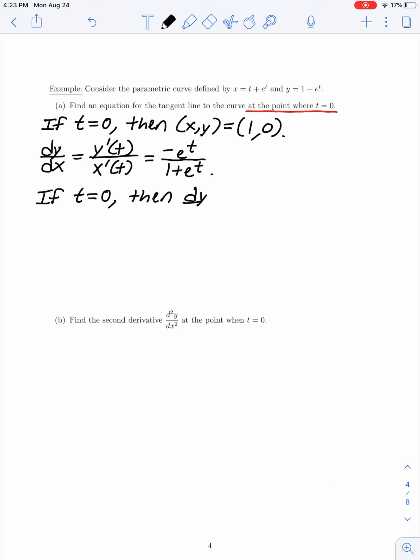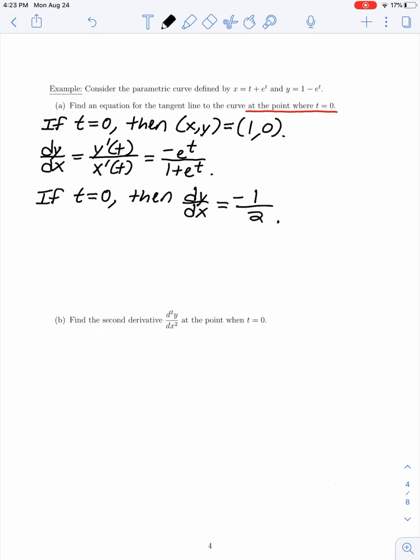So if t is equal to 0, then the slope of our tangent line, which is the derivative dy/dx, is given by negative e to the 0, so negative 1, over 1 plus e to the 0, so that would be 1 plus 1, or 2. So our slope for the tangent line is negative 1/2.